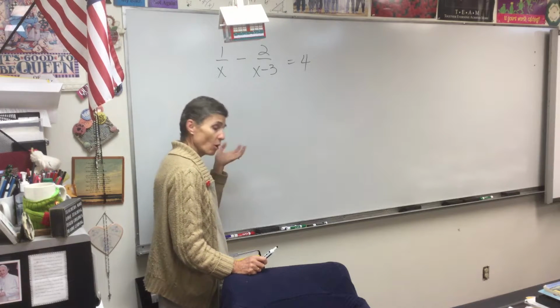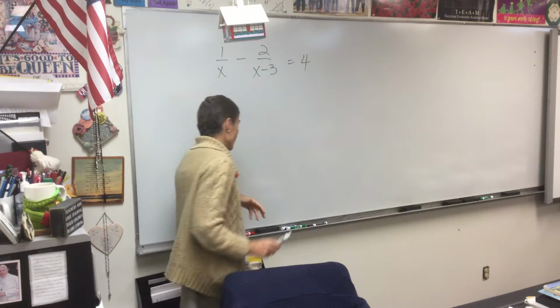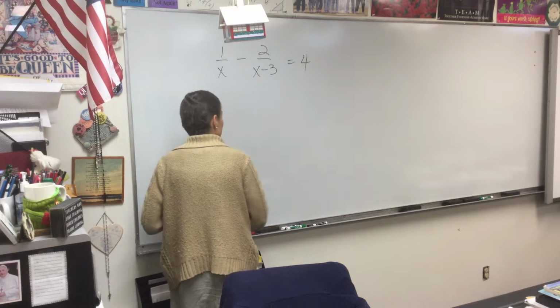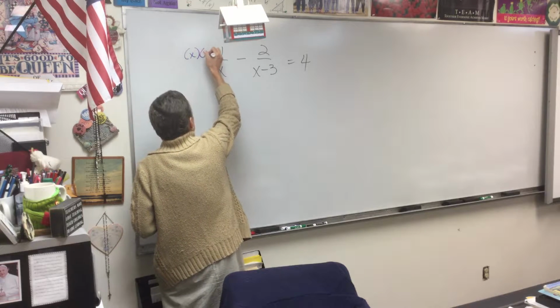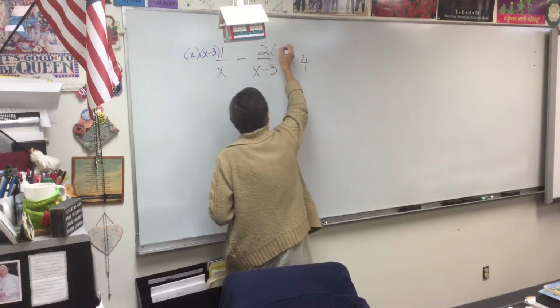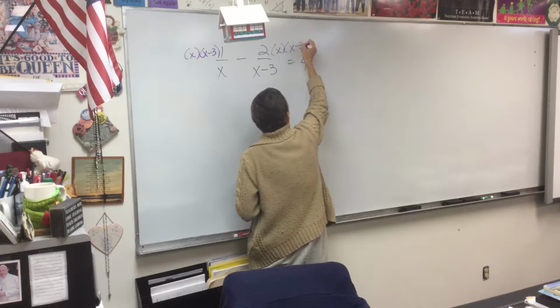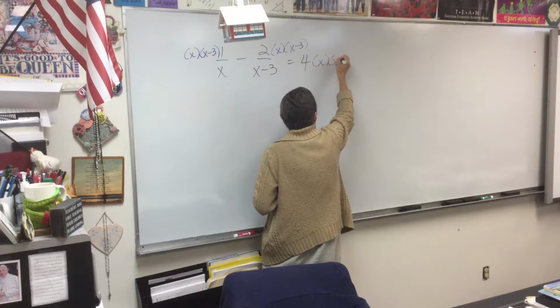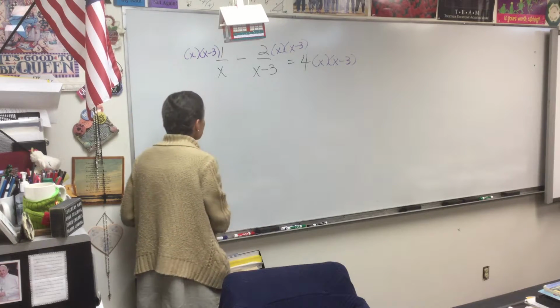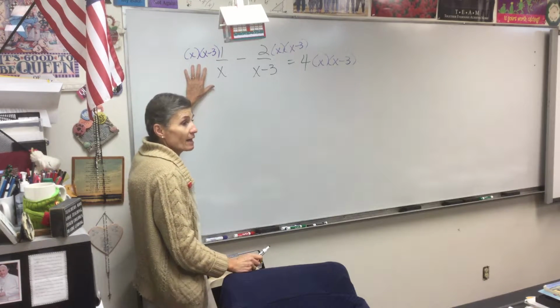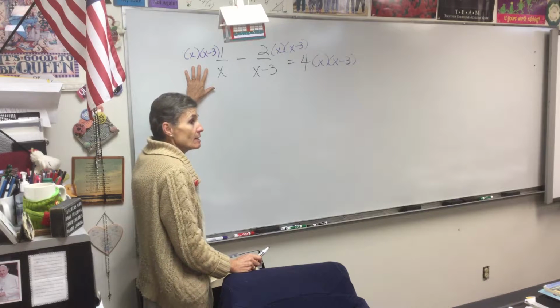The problem is solvable keeping them. But since most of us don't care for fractions, let's multiply everything, in this case, by x times x minus 3. Now, that's everything in the whole problem getting multiplied by x and x minus 3.